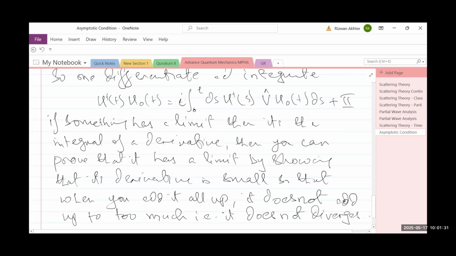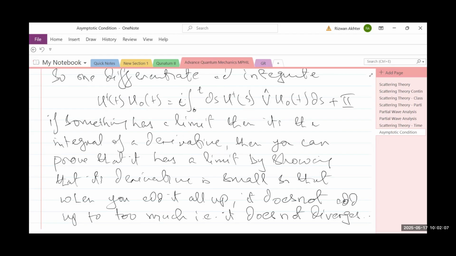Whenever you take the integral of a derivative, you are basically adding small pieces, because the derivative divides the whole into small pieces. When you add all those small pieces and come up to a value which is not too much, then that is in fact a limiting value.